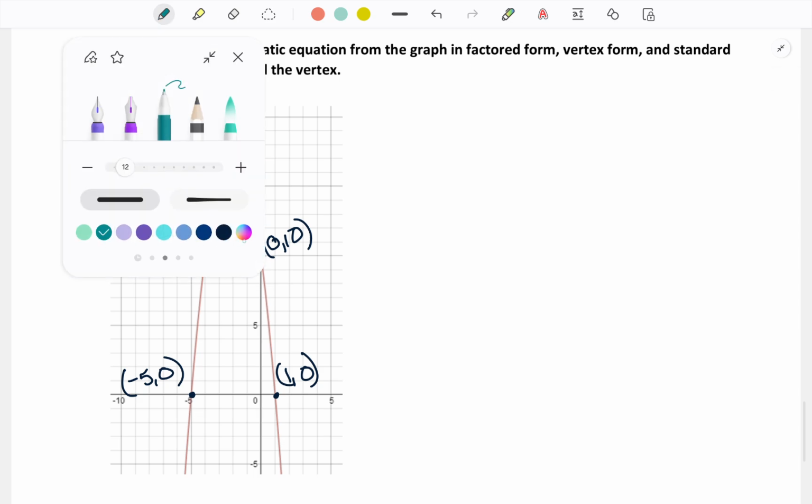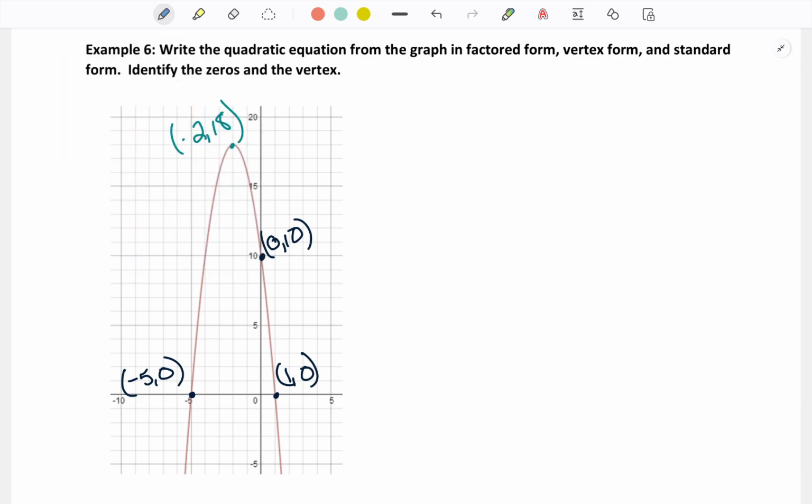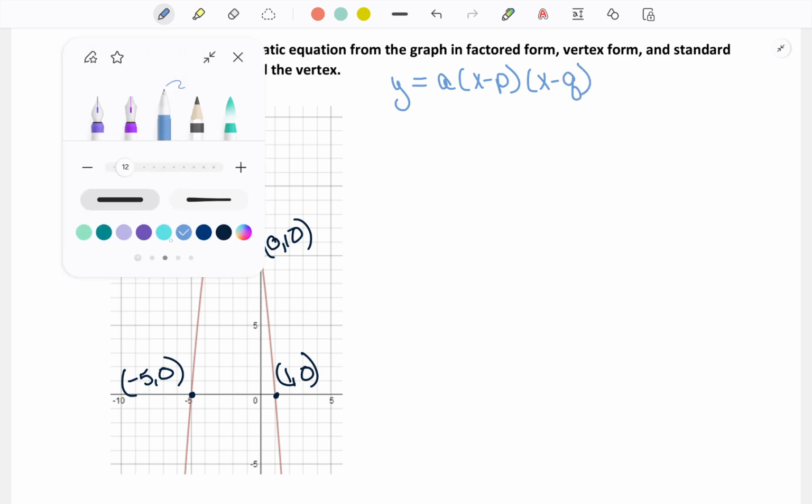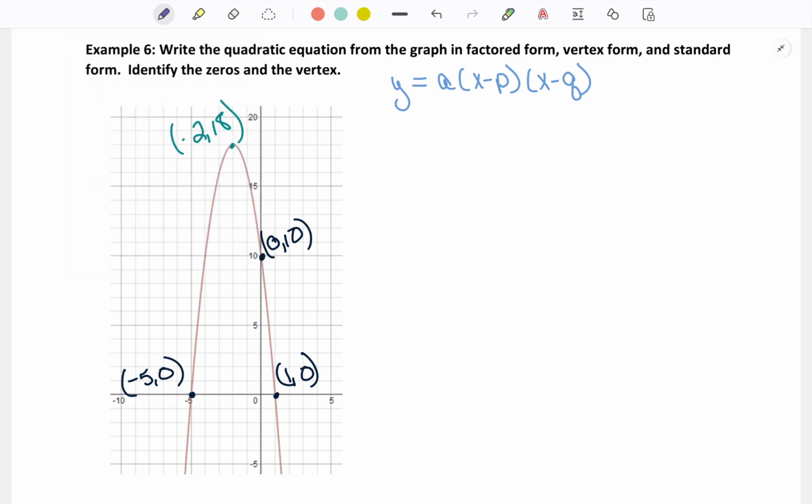So we are going to plug into intercept form. So I'm going to have y equals a times x minus p times x minus q. And then I am going to go ahead and plug in the points that I know. So I have 10 equals a, and then for my x, I'm going to use 0 minus a negative 5, so that becomes plus 5.